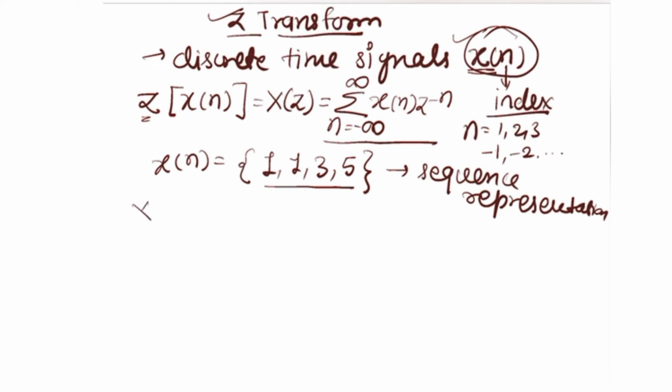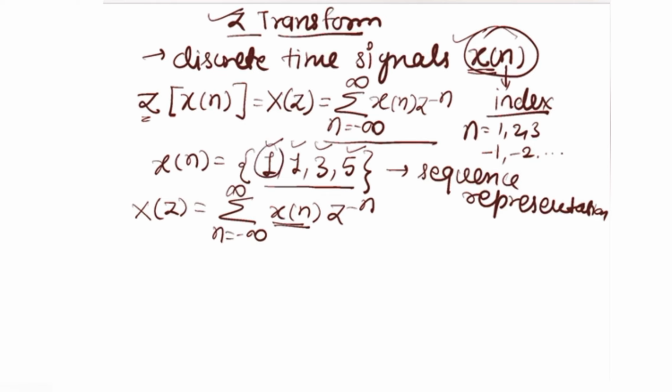As given, the Z transform formula X(z) is summation from n equals minus infinity to plus infinity of x[n] z to the power minus n. Now, our x[n] exists from 0, 1, 2, 3. From 0 to 3.